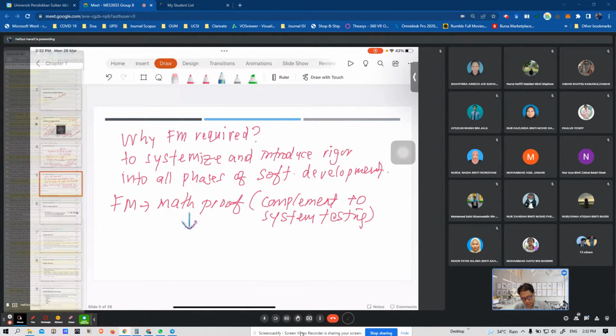Math proof to ensure the correct behavior, correct behavior in terms of system behavior.